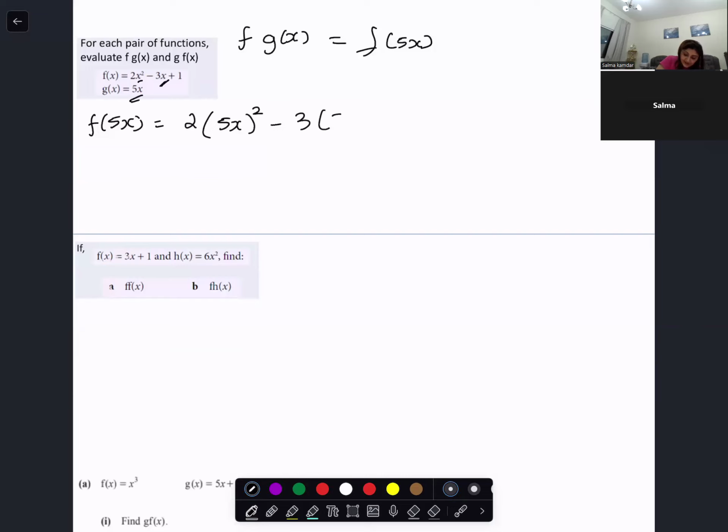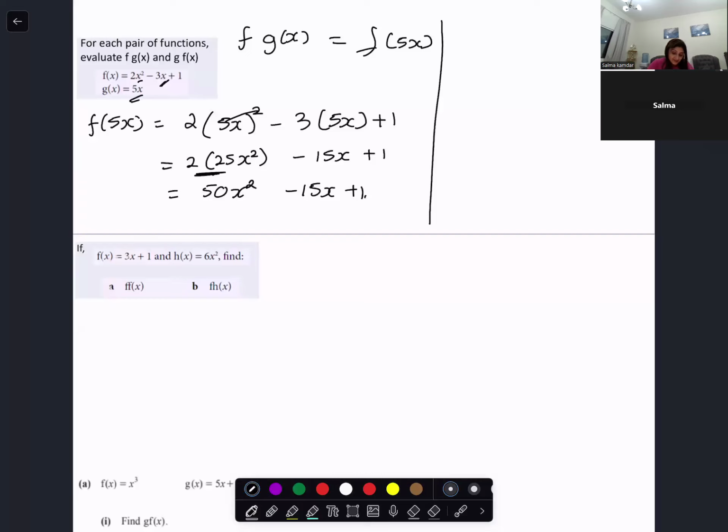Instead of x, put 5x plus 1. So this is going to become 2 times 5 square, 5 square is 25. x square minus 15x plus 1. So this is going to become 50x square minus 15x plus 1.